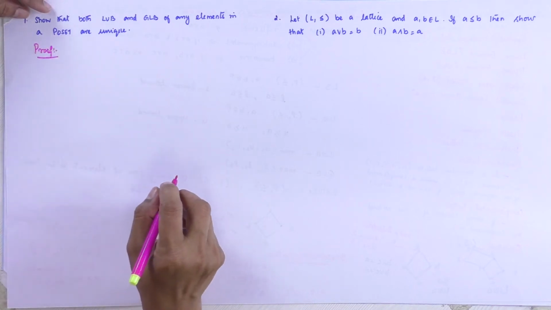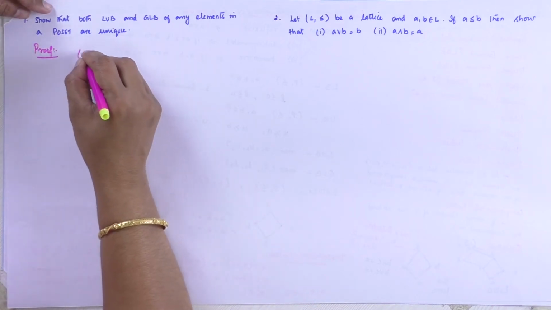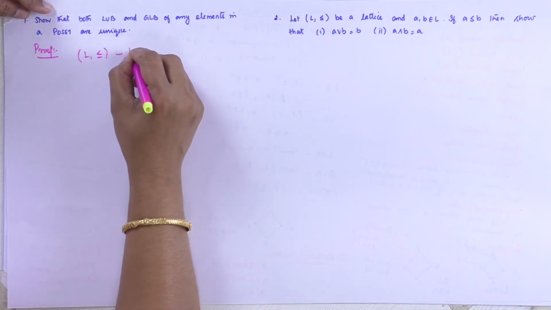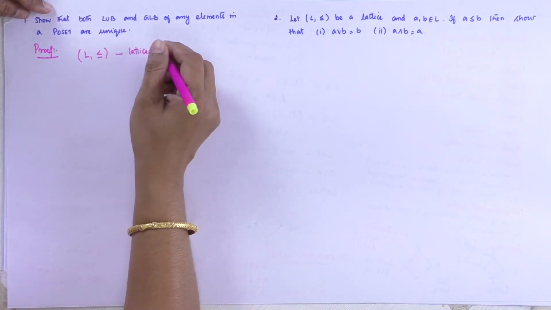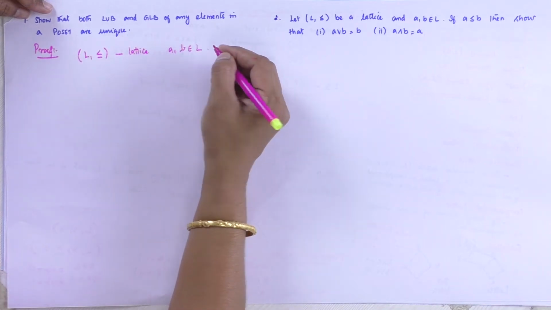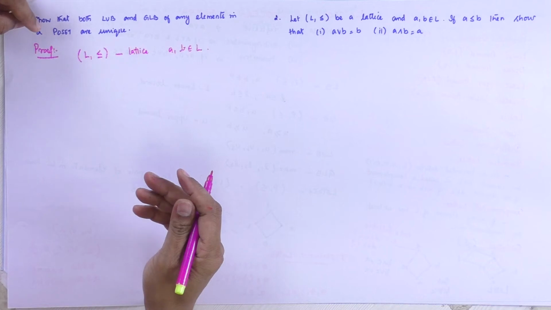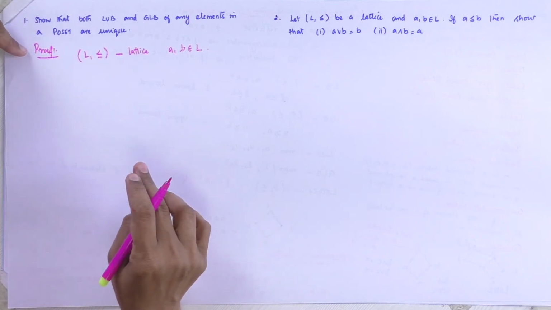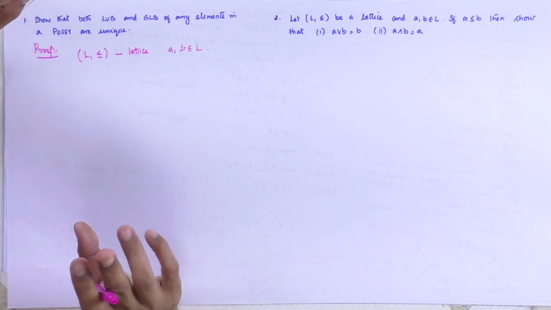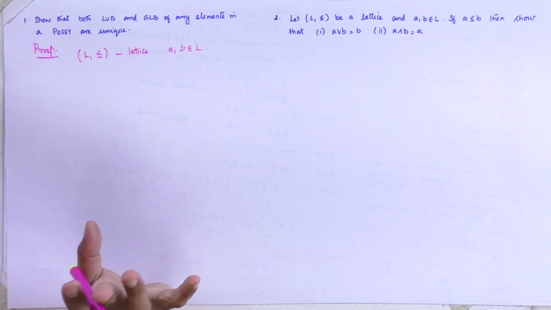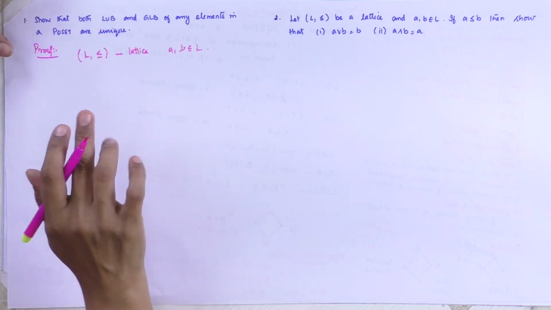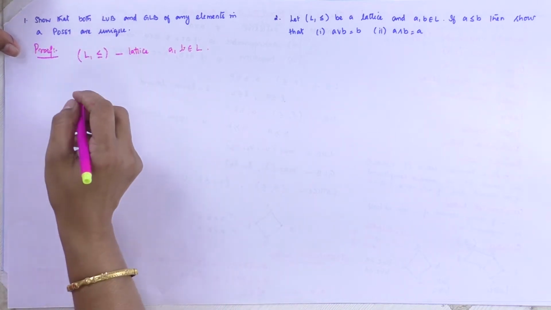So now let me take L, less than or equal to, to be a lattice, right? And then A and B are elements in that lattice L. Now how do I say that I will have only one least upper bound and only one greatest lower bound of this lattice or the partially ordered set?